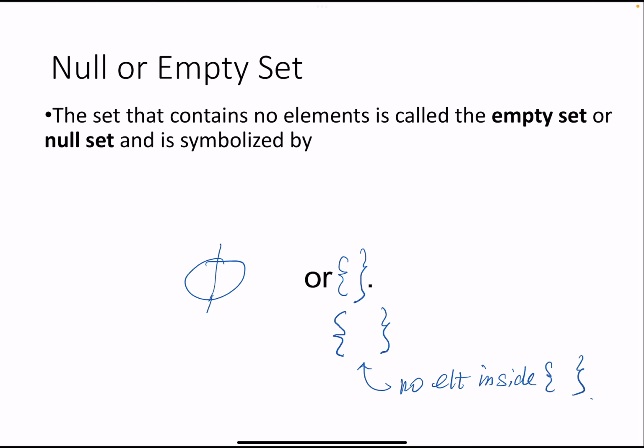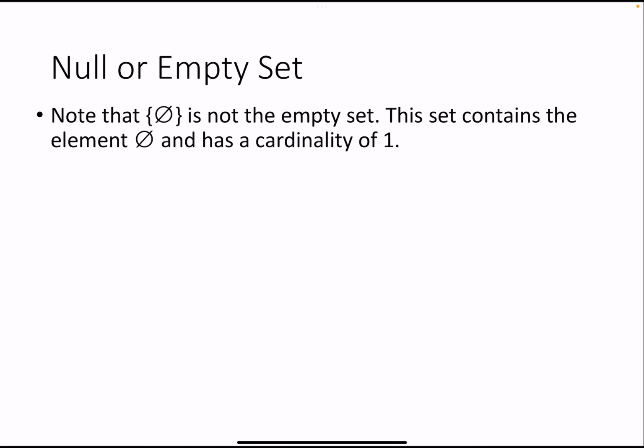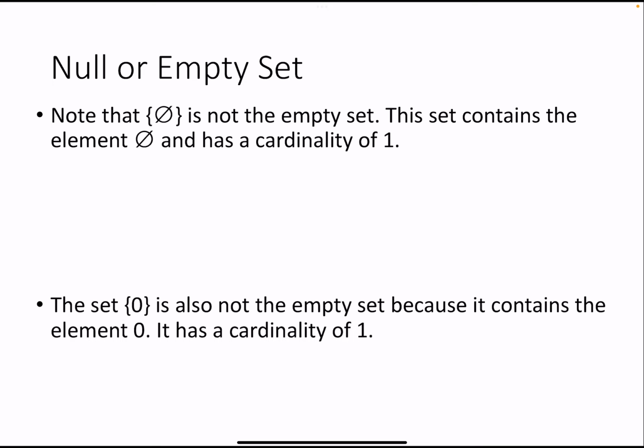Okay, so that represents an empty set. Notice the first example here is not an empty set because it has one element in it. This set here is also not an empty set because it has one element, 0, inside it.